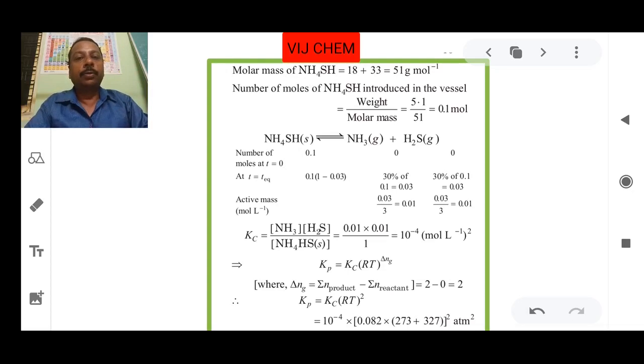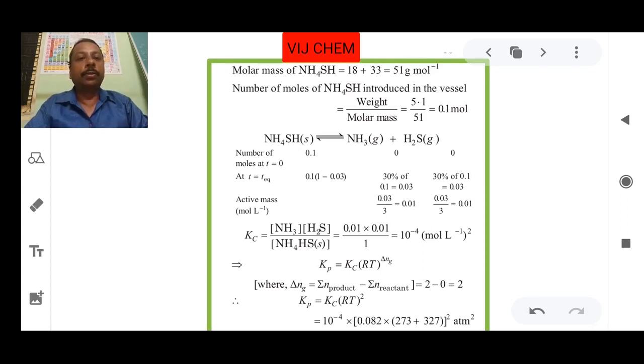Okay, so ammonium thiohydroxide, 0.1 and 0, 0. So when at equilibrium, let us suppose 0.03 moles, 30% is given. So 30% of 0.1 will be subtracted.